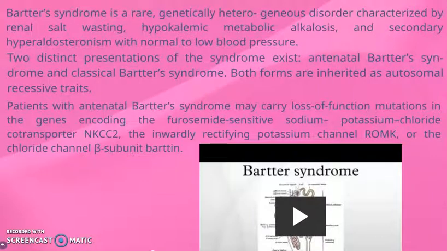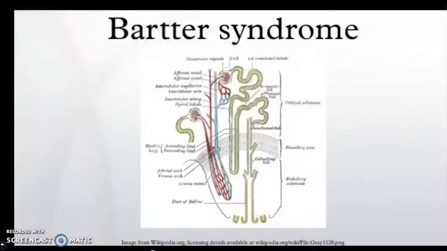There are two distinct presentations of the syndrome. First one is antenatal Bartter syndrome, and the second one is classical Bartter syndrome. Both forms are inherited as autosomal recessive traits. Production of renal prostaglandins is often found. Magnesium wasting may also occur.